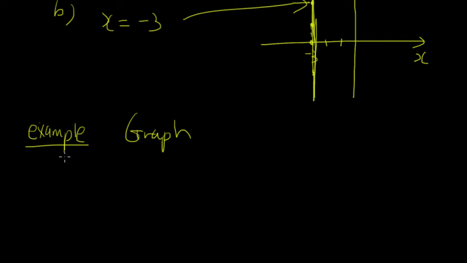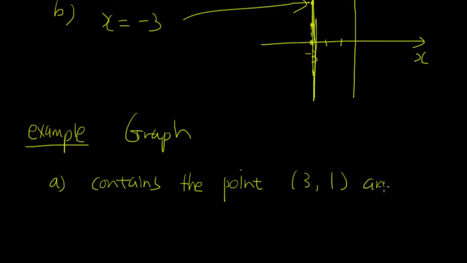Let's say a line contains a point (3, 1) and has a slope of, let's say, 3/5.